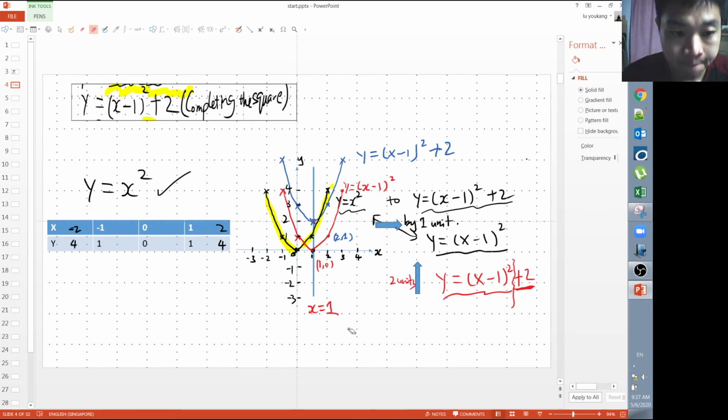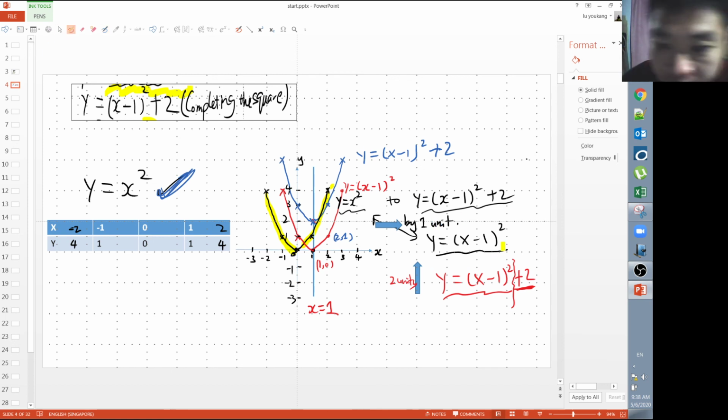For this question, I start with the basic curve, which is here. I start off with the basic curve first, the one in black, and there are 2 transformations.